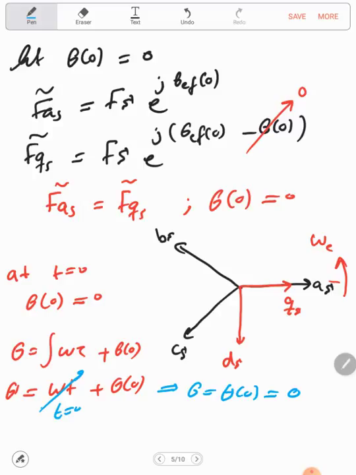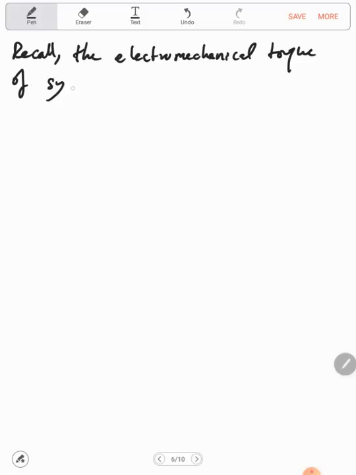Now, also we need to recall the electromechanical torque of the synchronous machine at this state. So simply, here also I will recall with you the electromechanical torque of the synchronous machine.